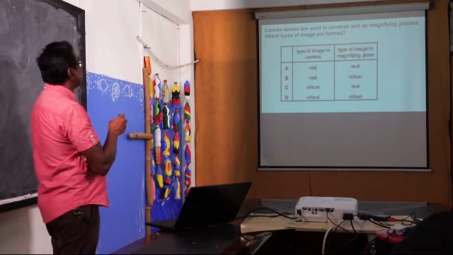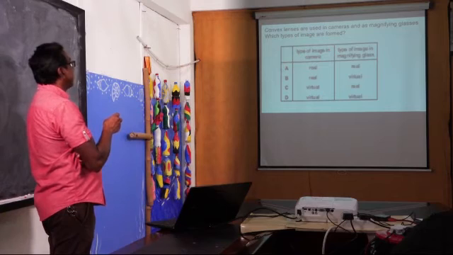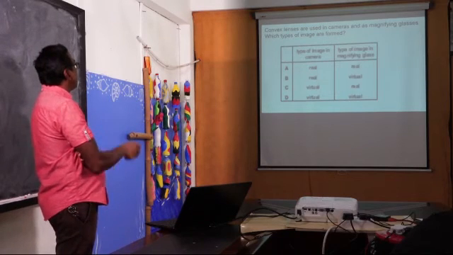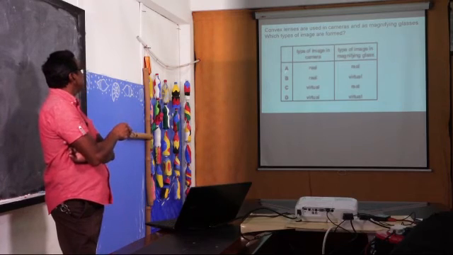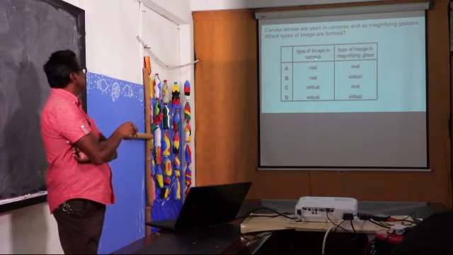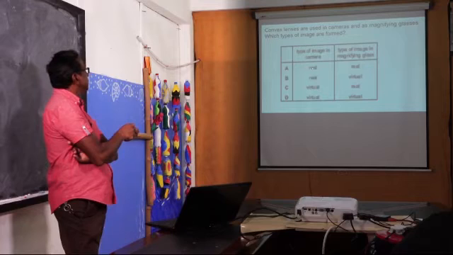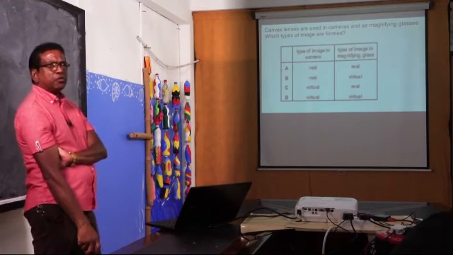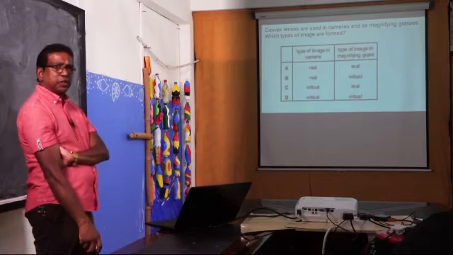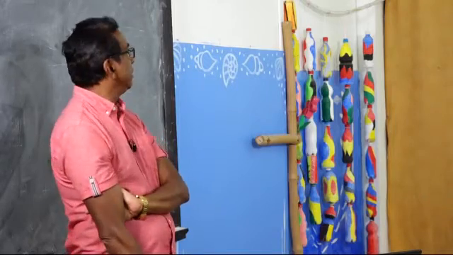Convex lenses are used in cameras and as magnifying glasses. Which type of image do they form? Now, in cameras, the image is real. In magnifying glass, the image is not real, it's virtual. We said it earlier.